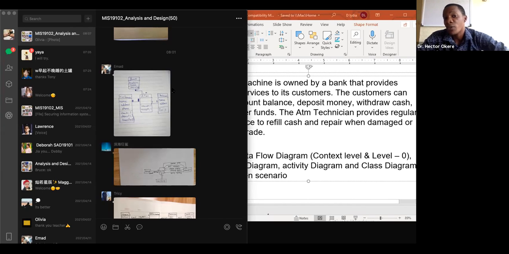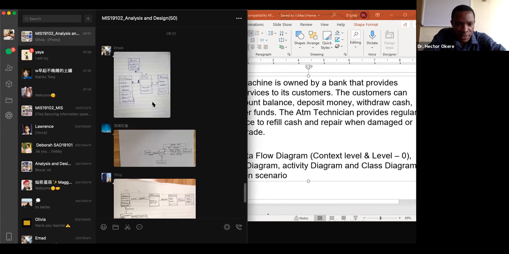So they are customers for the bank. And the technicians, they are employee of the bank or employee of the ATM. You see, this is what you need to consider, okay? But your work is good, good effort, I like that.